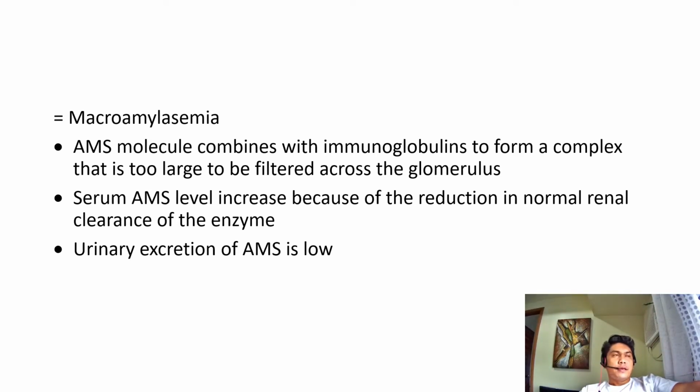Now, for macroamylasemia, there's an increase in serum amylase, but the amylase concentration in urine is low, because of the decrease in clearance. Why is there a decrease in clearance? It's because macroamylase is a big amylase enzyme, so it's difficult for the body to eliminate macroamylase. So there's increased amylase in serum, but a decrease in amylase concentration in urine.